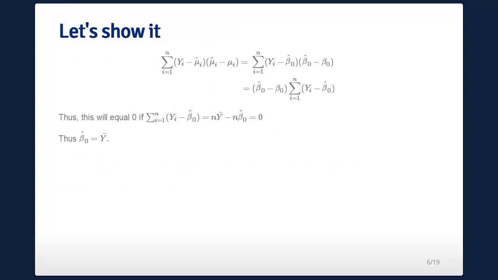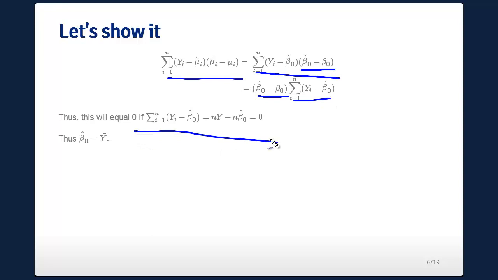But let's show that this meets that criteria. Okay, so here's the criteria that we said has to be equal to 0 to get the regression line. Let's plug in our beta naught hat. So here we've converted mu i hat to beta naught hat and mu i to just beta naught. And this term doesn't depend on i, so we can pull it out of the sum. And we get this sum right here. And that will equal 0, just expanding it out, if n y bar minus n beta naught equals 0 right there, and then solve that for beta naught hat, you get beta naught hat equals y bar.